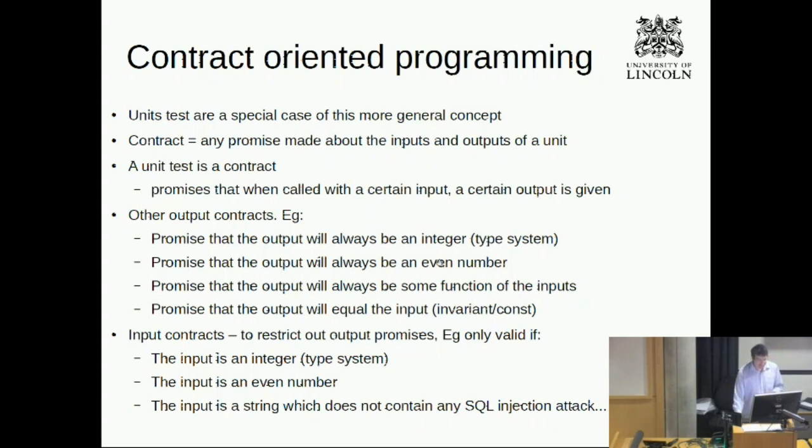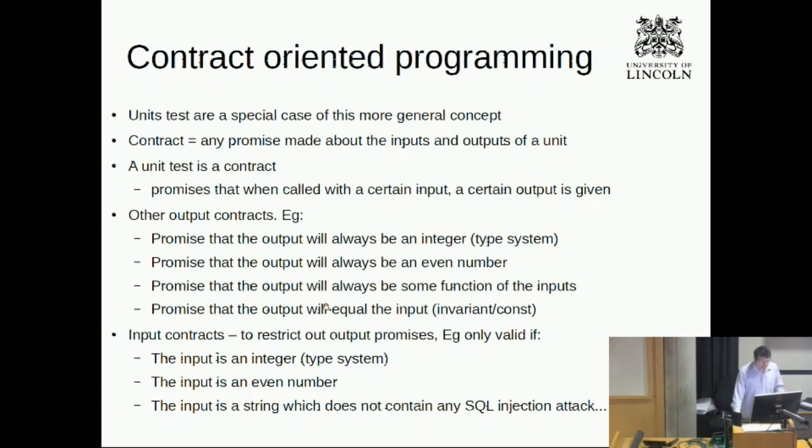A unit test is a promise that if you call my add function with the specific numbers 2 and 3, then I promise my function will always give you 5, because that's exactly what that unit test is testing. Yeah? If you have a unit test that says 0 add 0 must equal 0, that's another promise. But it doesn't promise anything more general than that.